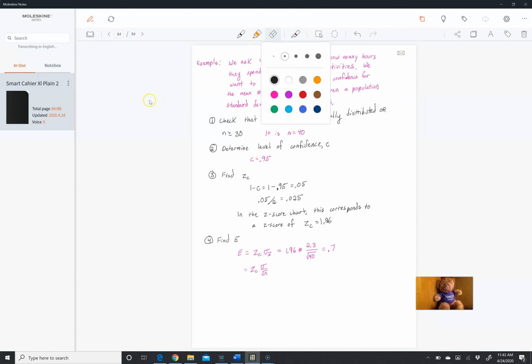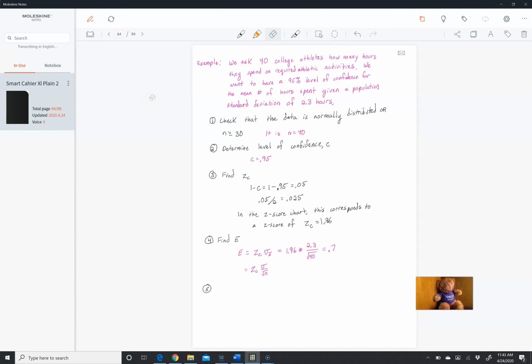So now we determine our interval. I have to give you the mean number of hours for the sample, so I'm just going to add that in here at the top. And x bar is equal to 21.1.